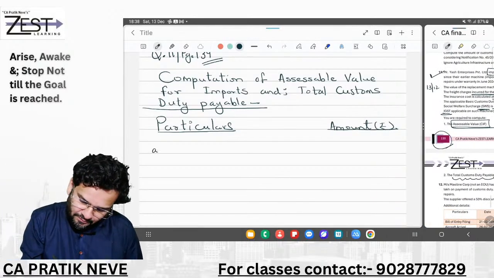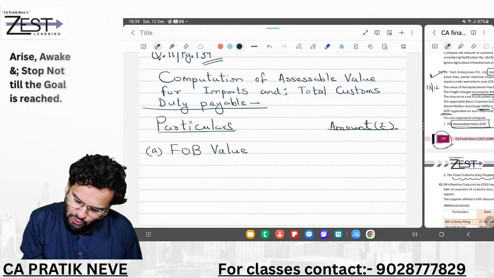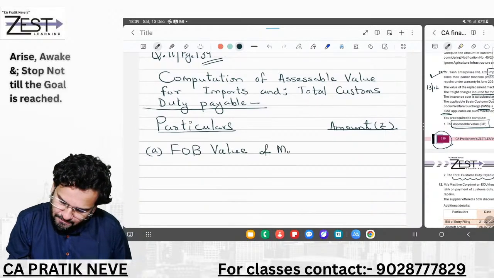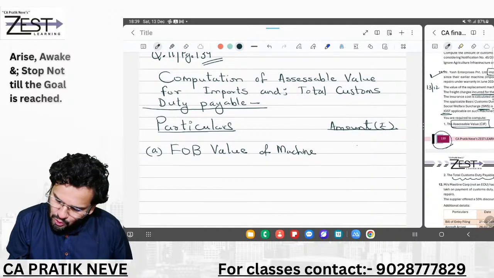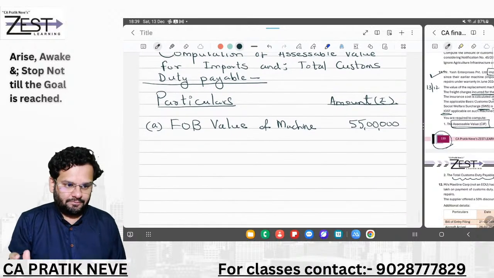A point, FOB value of machine. What is the FOB value of machine? So FOB value of machine is 55 lakhs.